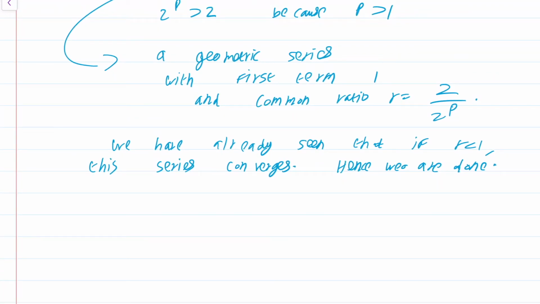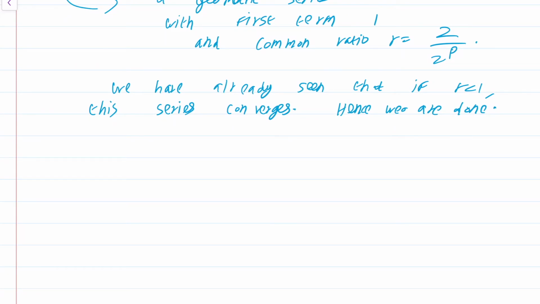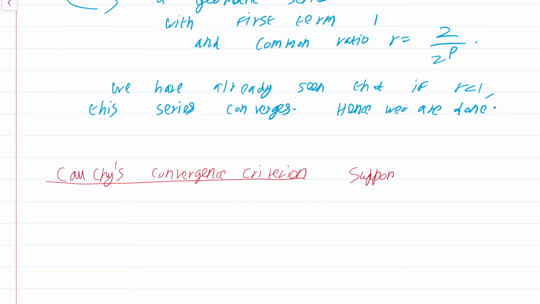Now coming to the second topic of this module, that's Cauchy's convergence criterion. This is a very easy thing, simply because we have already applied this several times when studying sequences. So suppose Bn is a sequence.